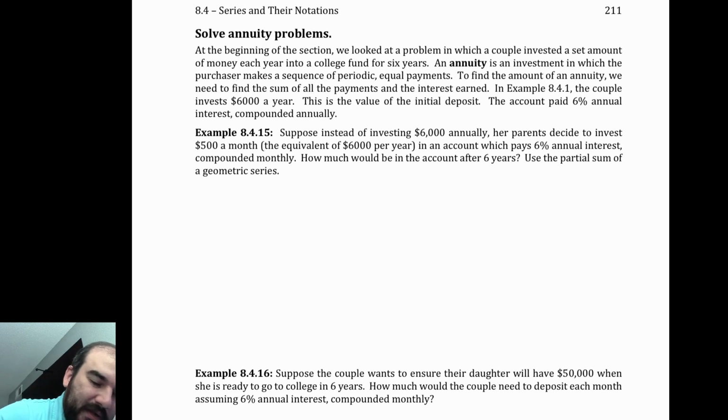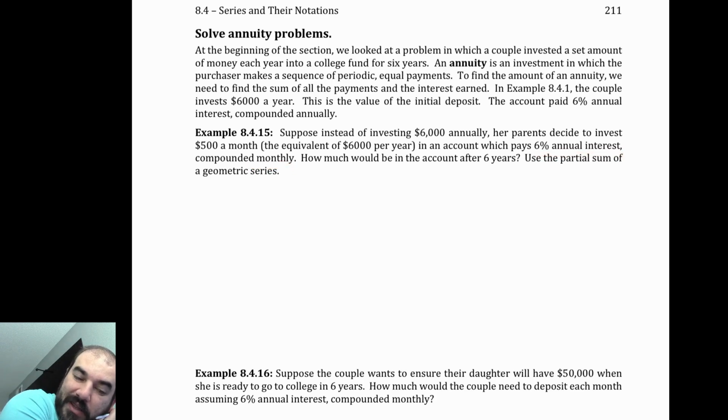Suppose instead of investing $6,000 annually, her parents decide to invest $500 a month, which is essentially the same thing as $6,000 a year, in an account which pays 6% annual interest compounded monthly.